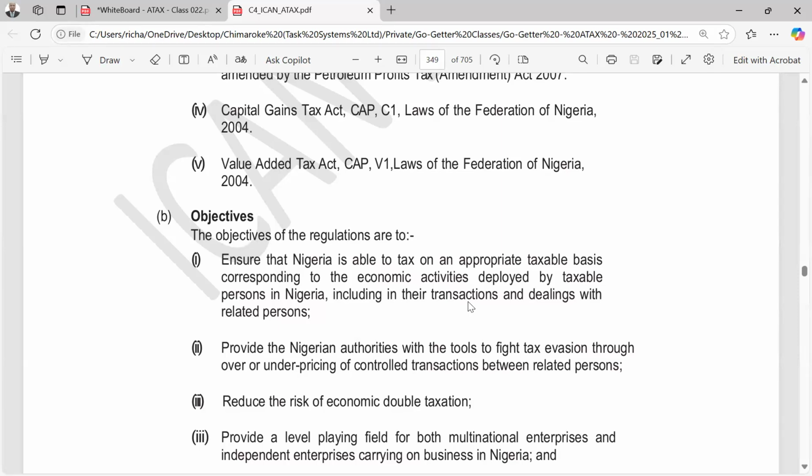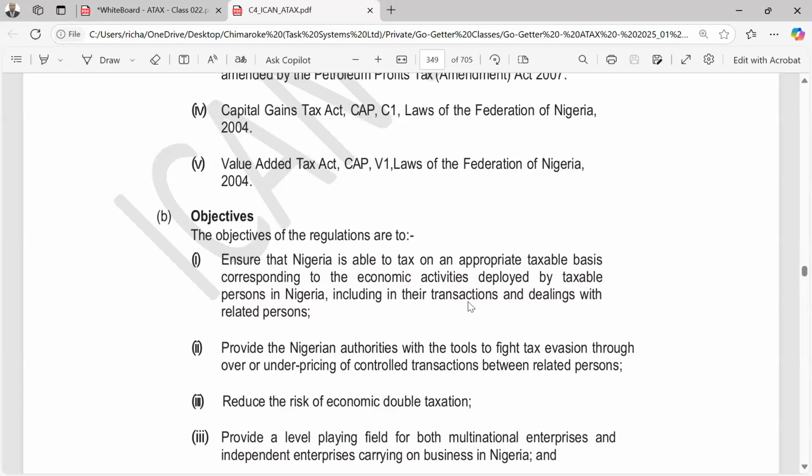And now, if the parent is in another country where the tax is very, very friendly, and Nigeria here is, though we are trying to clean up our tax system, but it is very unfriendly sometimes, you find out that that management fee that you are paying is an allowable deduction.